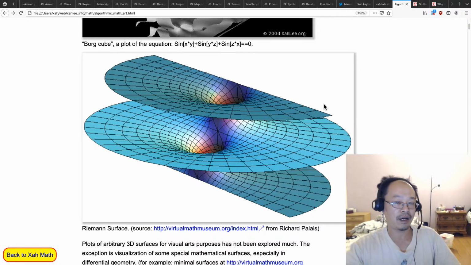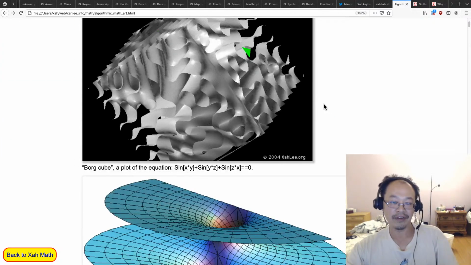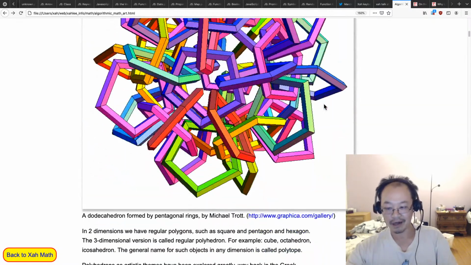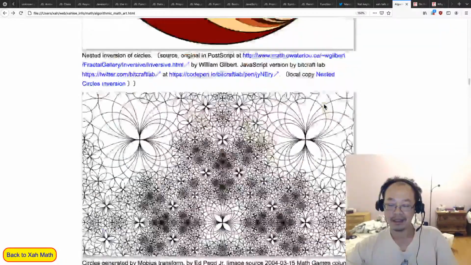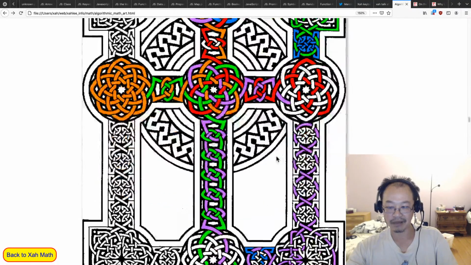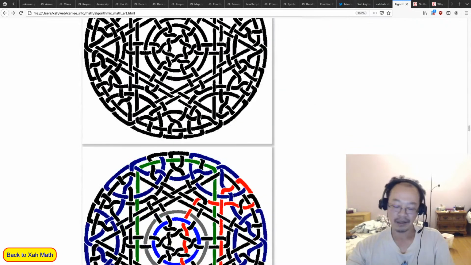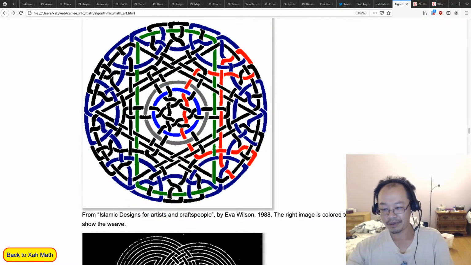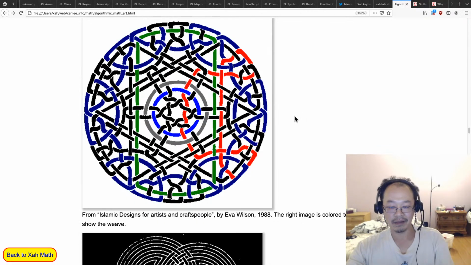For example, there are competitions, visualization of math. I give you a survey of all the different math arts and their techniques, how they are generated. Then near the bottom of the page, these are Celtic knots, traditional decorative art in northern Europe, Scandinavian countries. But this one is something else though.